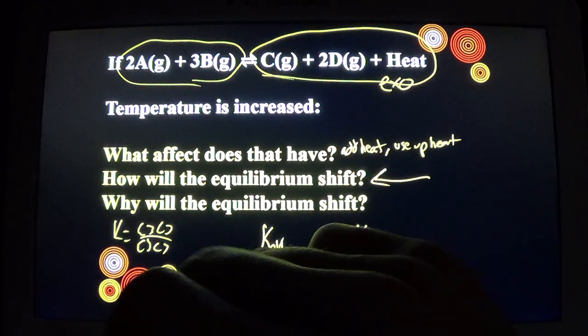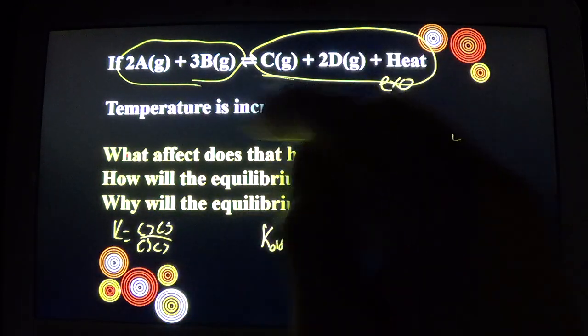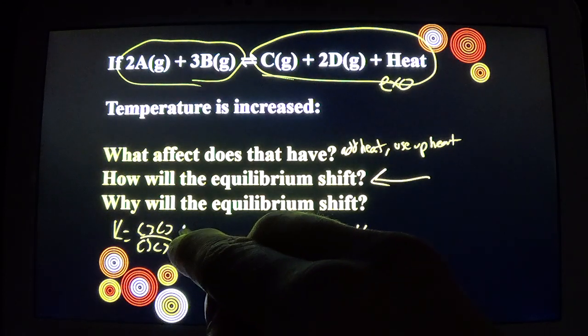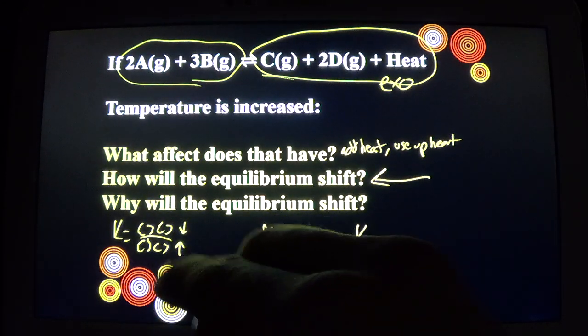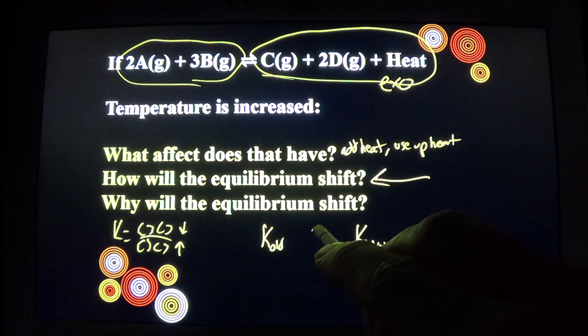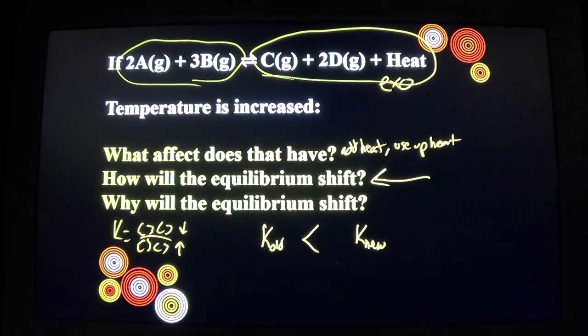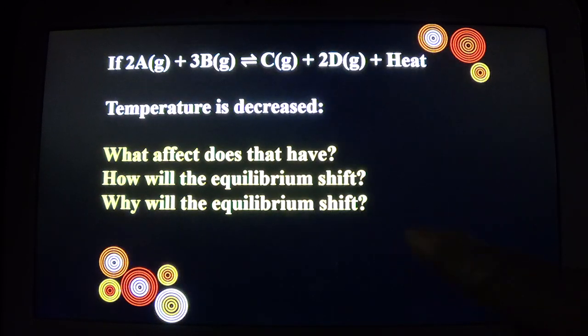It's just a doodle. So we're shifting that way. We're going to be using up products. We're going to be making more reactants. My new K is going to be bigger. My new K is going to be greater than my old K was. My new equilibrium is going to be at a number bigger than my old K. How much bigger? I don't know, but I know it's got to be a bigger number.